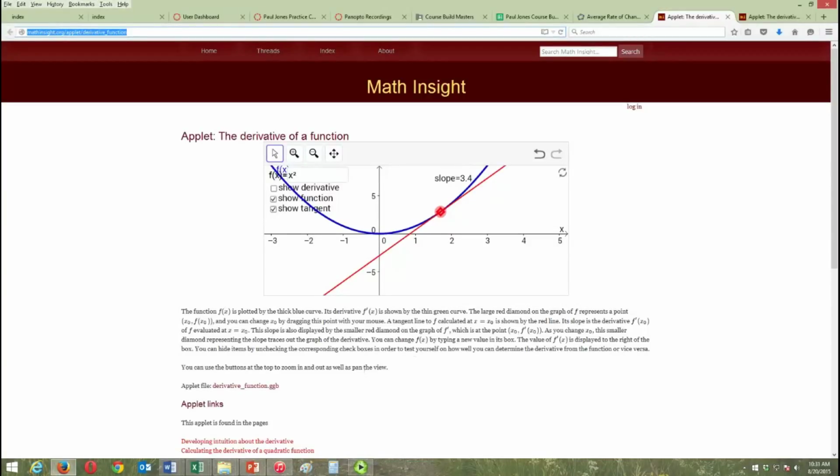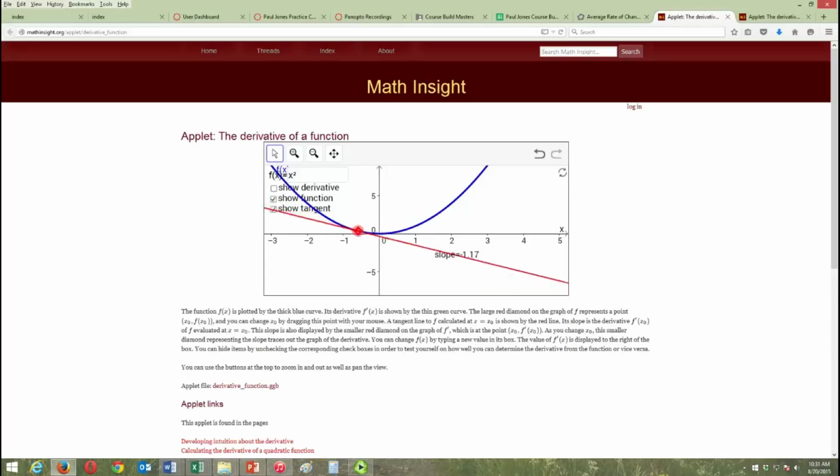Notice that I have both the graph of the function and the graph of the tangent line. Notice how when I move the point I'm looking for to the left of 0, the slope of the tangent line is negative. When I move the point to 0, the slope of the tangent line is 0.